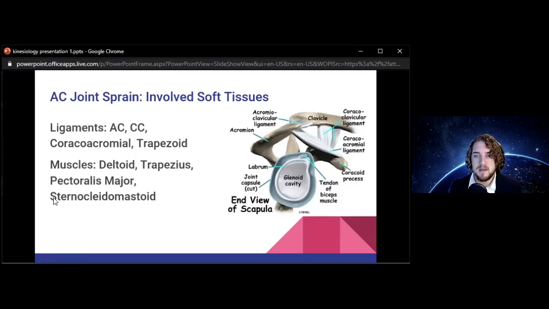Also included are the pec major and the sternocleidomastoid, because they both attach at the proximal, or medial, end of the clavicle. Again, just a major force from those muscles could put it out of place, even slightly, enough to cause an injury.